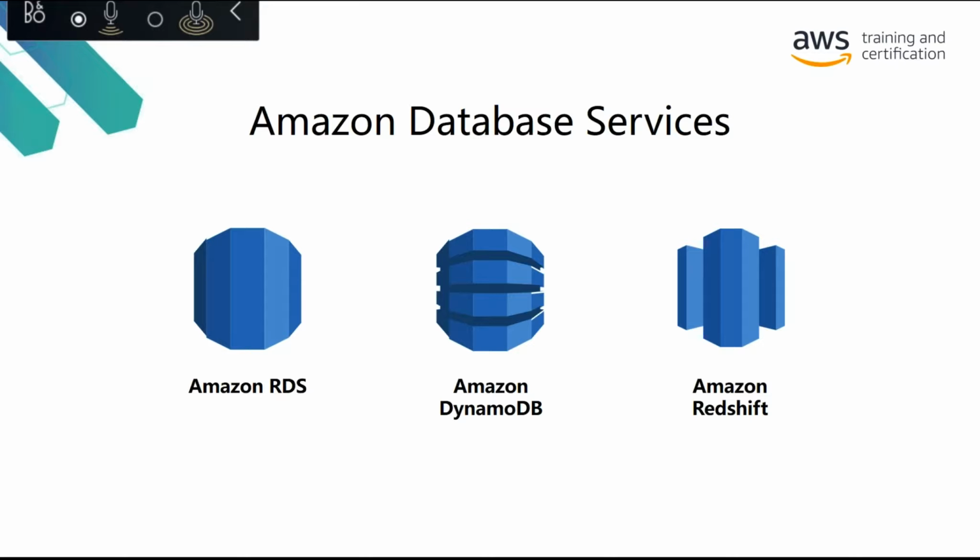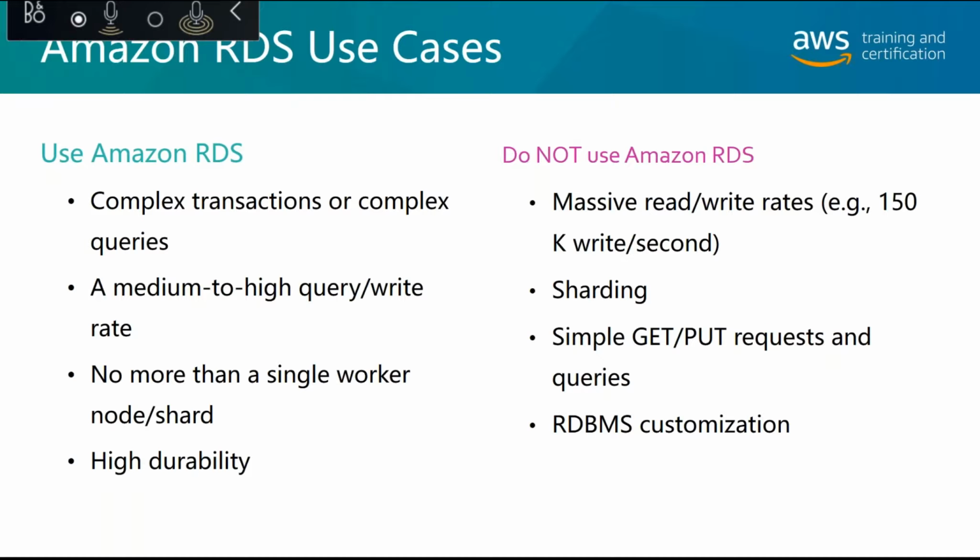Now, in terms of database, review what RDS offers. RDS is Relational Database Service. And then you have a managed service for NoSQL that Amazon created. It's DynamoDB. And then we have Amazon Redshift for data warehousing. So make sure you understand the use case.